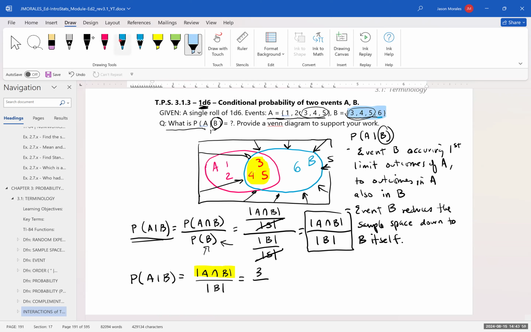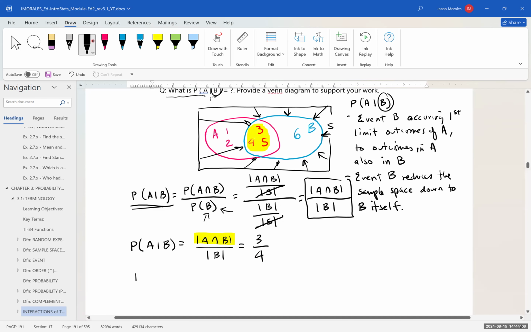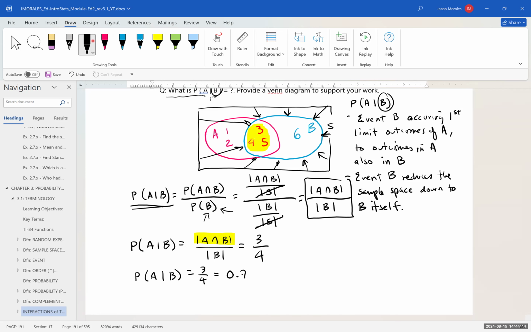Computer's having trouble keeping up. Okay. So the probability of A, given that B occurs first, it's 3/4, which is 0.75 or 75%.